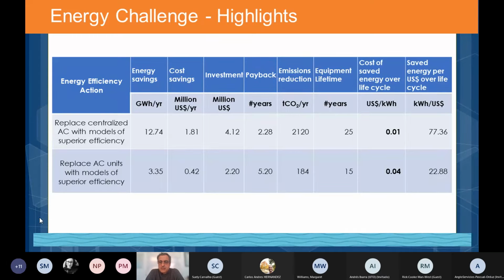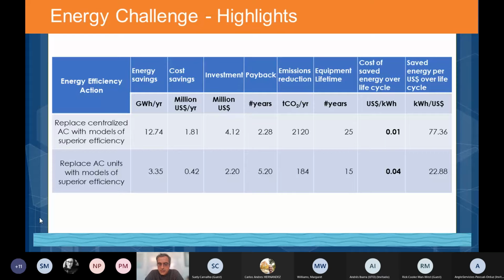Here we see the results of applying a financial model on the replacement of equipment in the sample of the hospitals. The exchange of chillers had the best results in energy and financial savings, which result in a very attractive payback of around 2.3 years. It's really a very good opportunity.